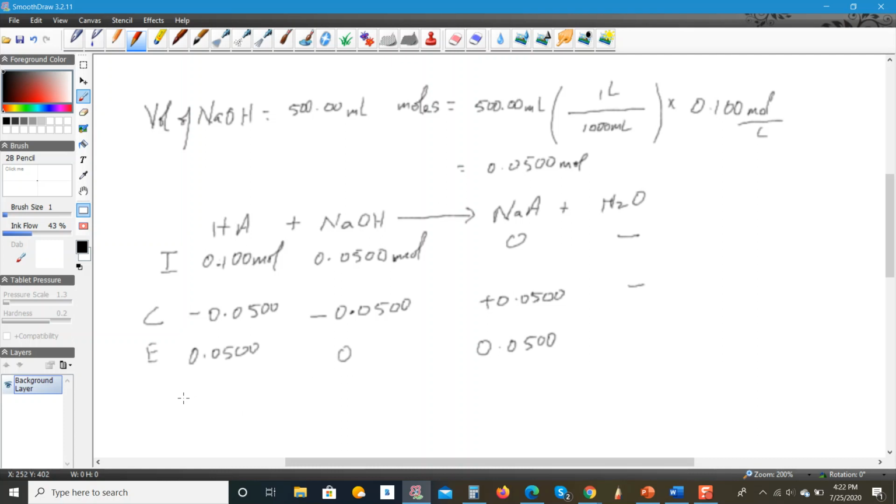Next thing, of course, is to determine the concentration. And it turns out that in this case, the concentration of HA will be equal to the concentration of A minus. Why? Because they have the same moles and they're in the same solution, which means that they have the same volume. So that would be equal to 0.0500 moles over the total volume.